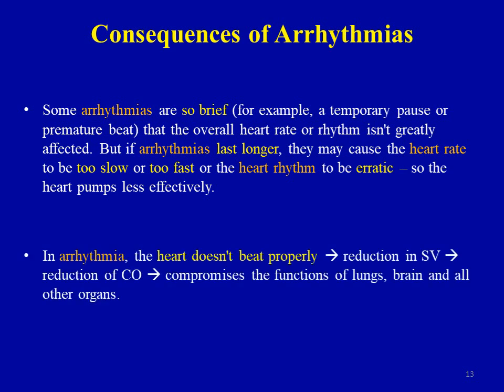In arrhythmia, the heart doesn't beat properly, and this will cause reduction in the stroke volume with subsequent reduction of the cardiac output, and reduction in the cardiac output will compromise the functions of the lung, brain, and all other organs of the body.